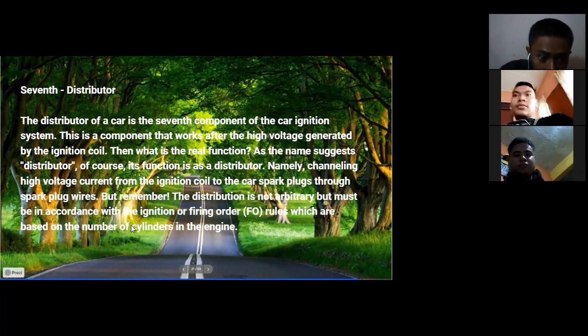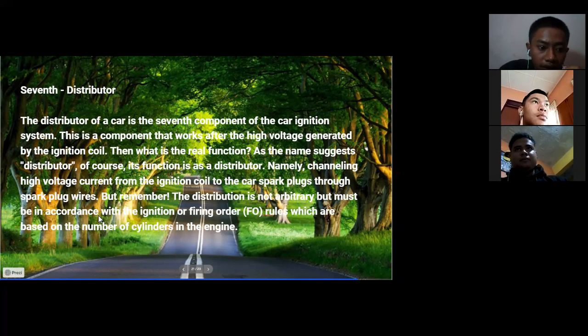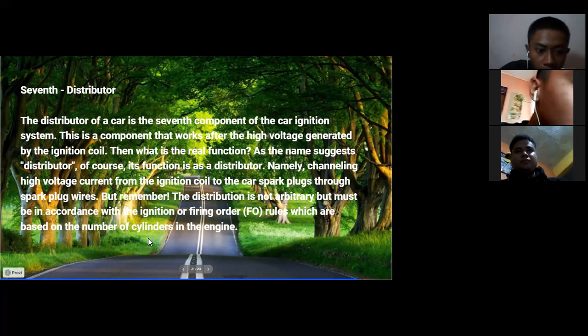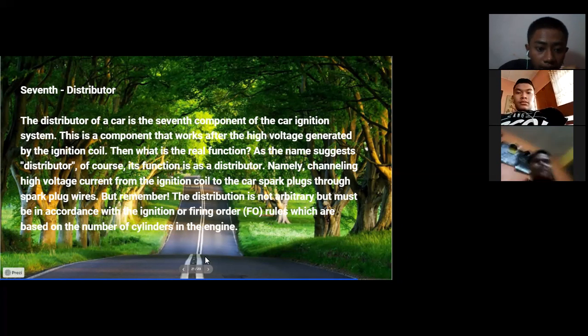But remember, the distribution is not arbitrary, but must be in accordance with the ignition or firing order rules, which are based on the number of cylinders in the engine.